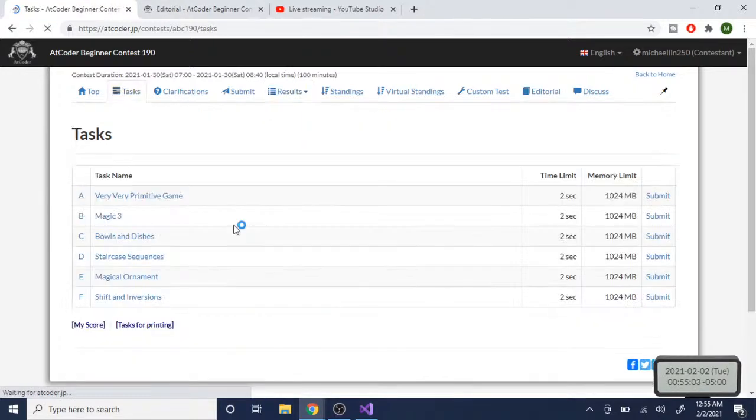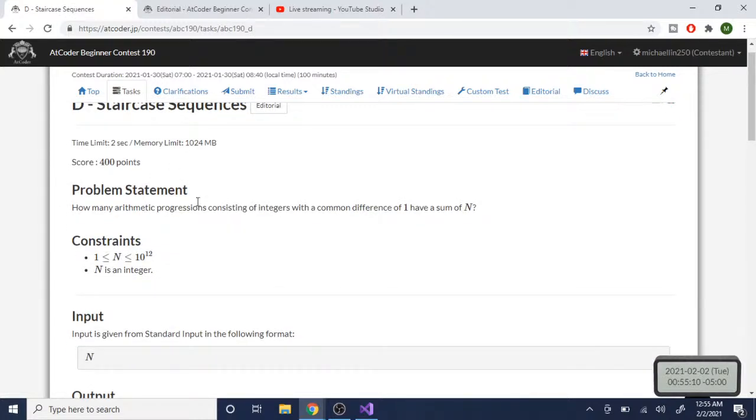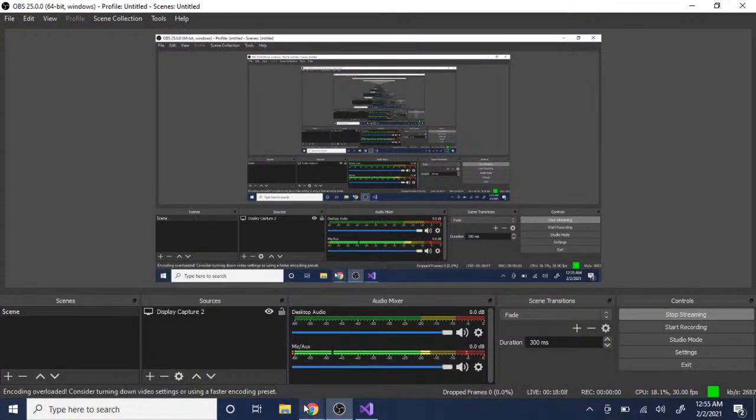If you guys are wondering what the question is, it's staircase sequences, AtCoder D. How many arithmetic progressions of integers with a common difference of 1? Yeah. Let's see.